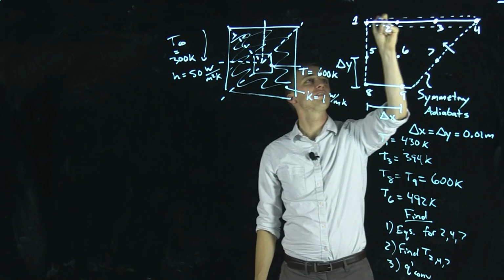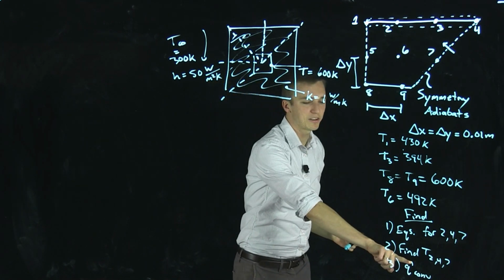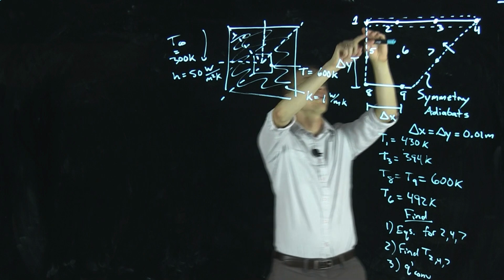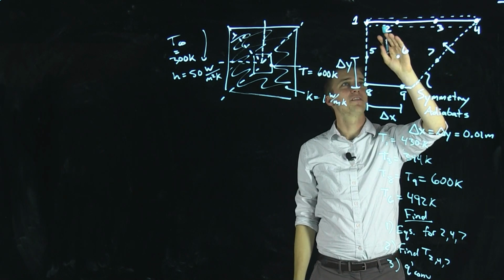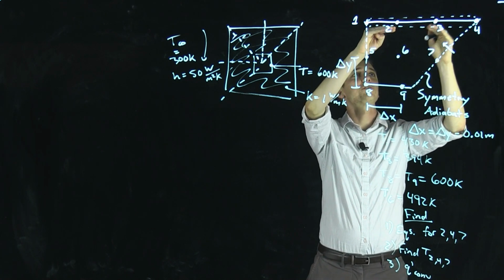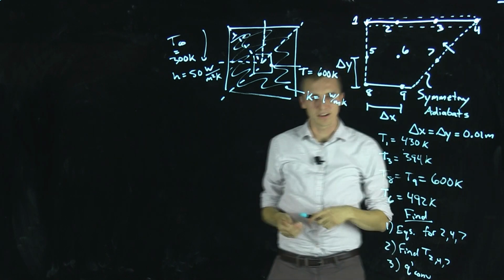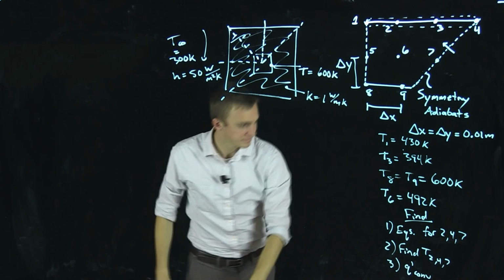So how much is leaving per unit depth into the board? That's what this q single prime means: the amount of heat transfer from this line per unit depth due to convection. So the heat is conducting through this material, reaching the end, and then convecting into the air. Okay, let's approach this problem.